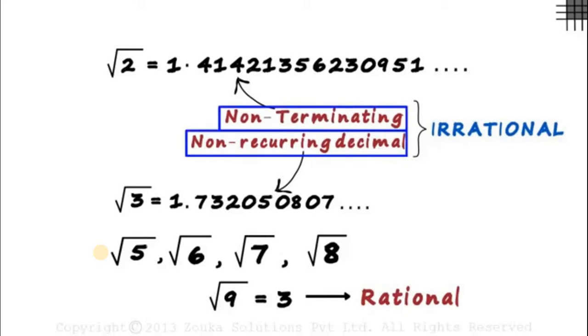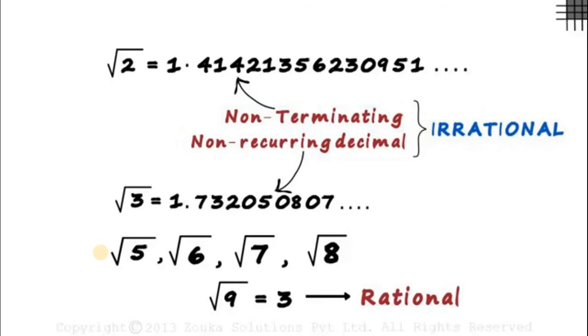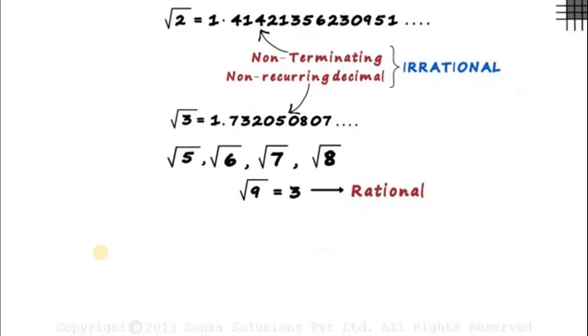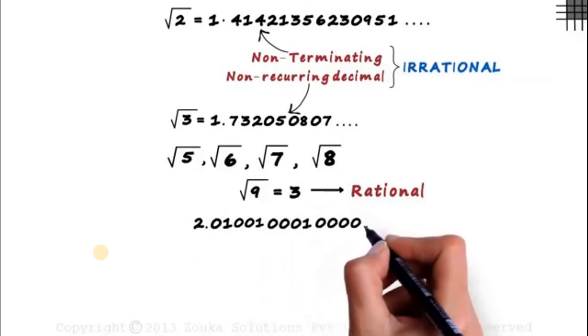Here's the interesting part. If you know these 2 points well, you can even form an irrational number by yourself. Let's try it. We have to form a number which does not end and does not repeat any pattern. Something like 2.0100100001 and so on.